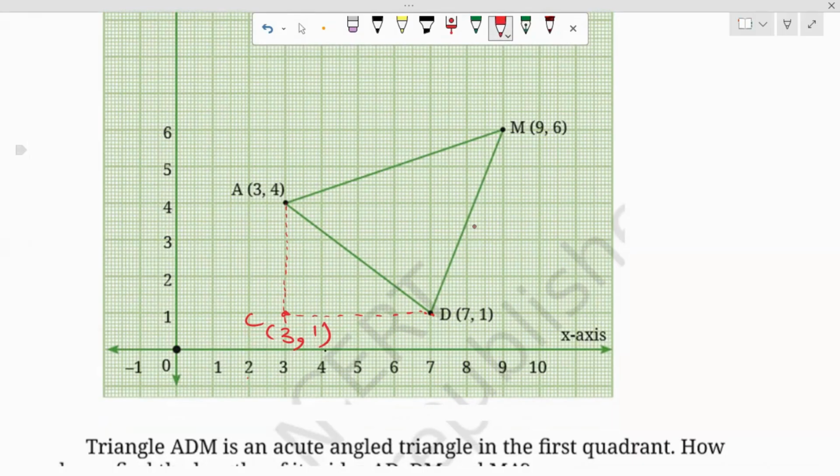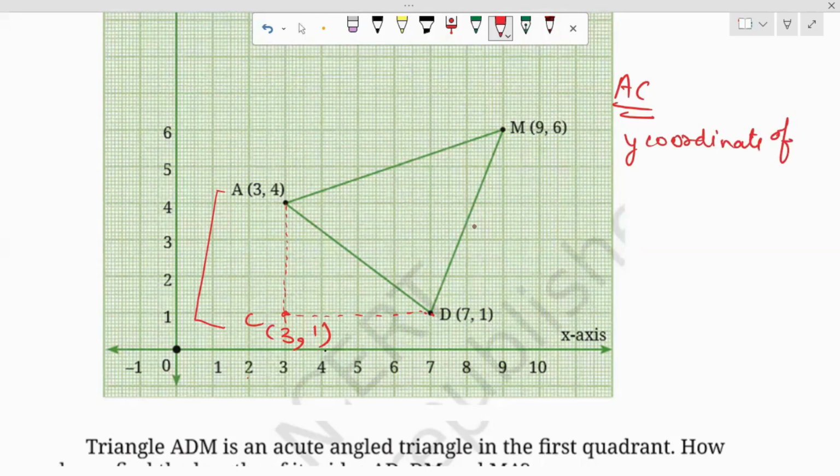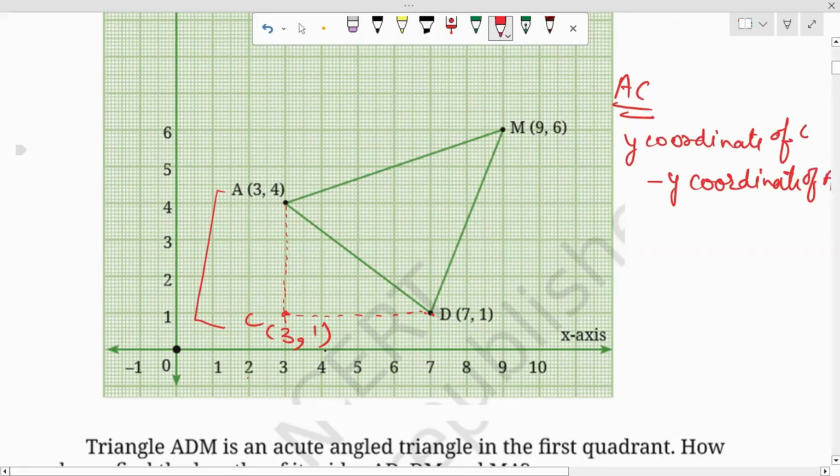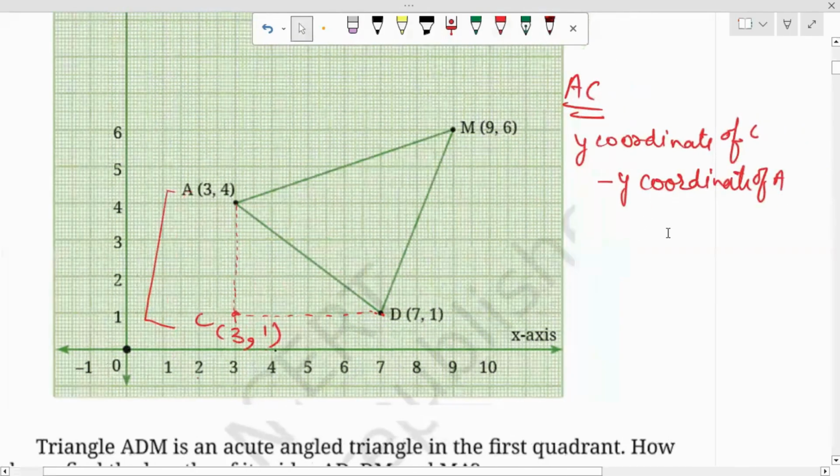So to get the distance AD, as this line AC is parallel to the y-axis, its length will be the y coordinate of C minus the y coordinate of A. We simply subtract, right, to get this distance AC.